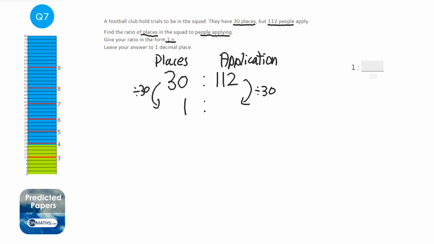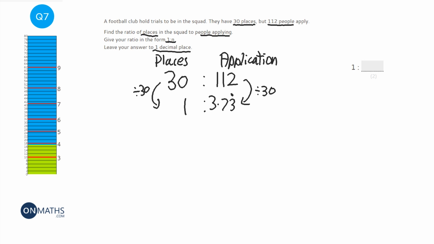So 30 divided by 30 is 1, then I get my calculator, and 112 divided by 30 is going to be 3.73 recurring. So 3.73 recurring is 3.733333. So if it says it wants it to 1 decimal place, it's a ratio of 1 to 3.7.